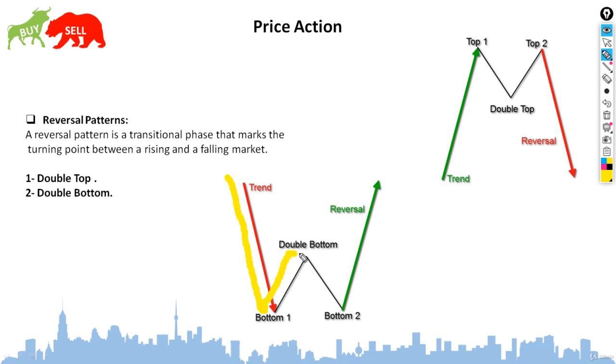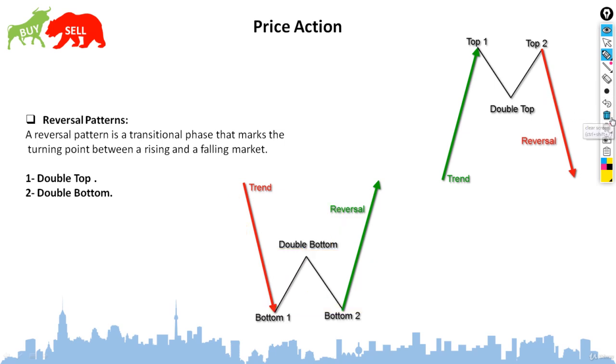This is the top, and the market will draw another bottom. It will try to break down this previous bottom, and it cannot do that and reverses up. We can confirm that this is a true double bottom after it breaks up the previous top and tests the previous top. So we qualify this as a confirmed double bottom.